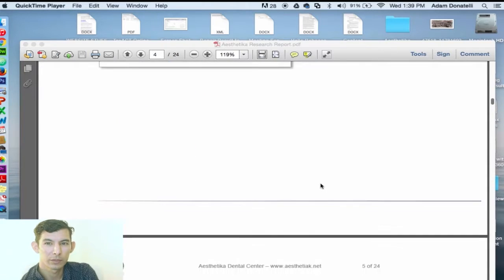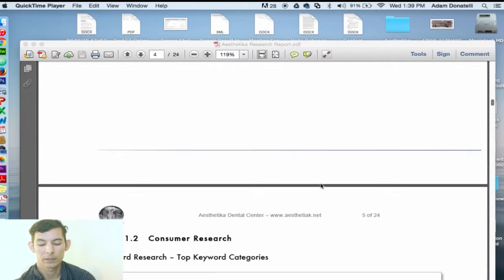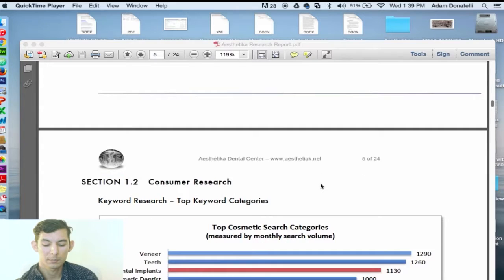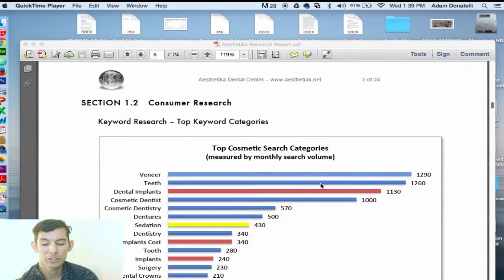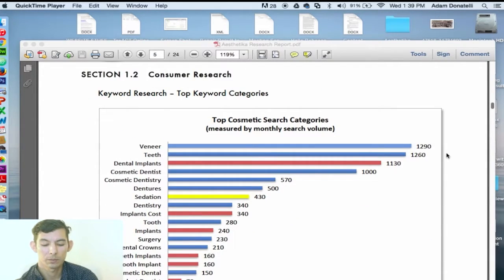So now drilling in deeper to really get an understanding of the top services. There's 2 layers here. There's one more after this that's going to be the final analysis of what the top services are. But let me explain this chart right here. Now in categories, what I mean by that is in these reports, for example, let's say veneers over here.